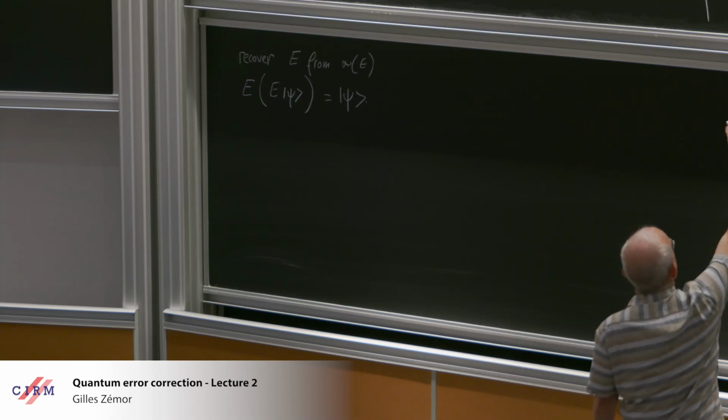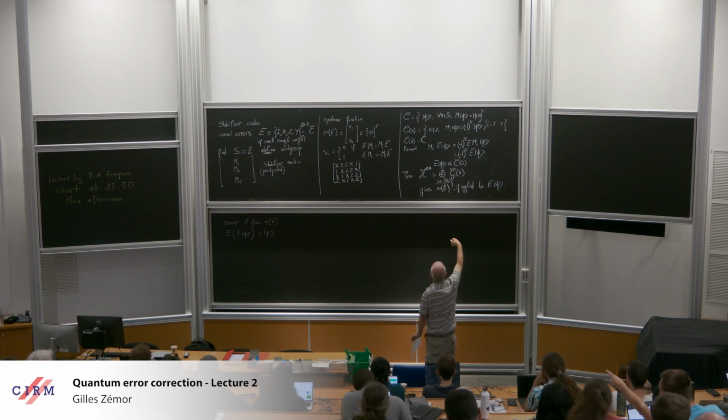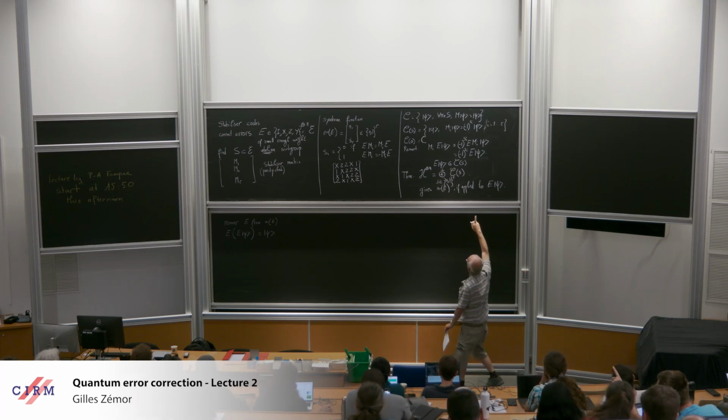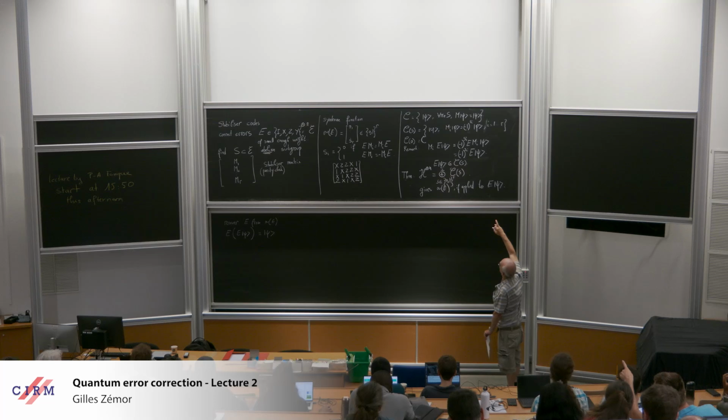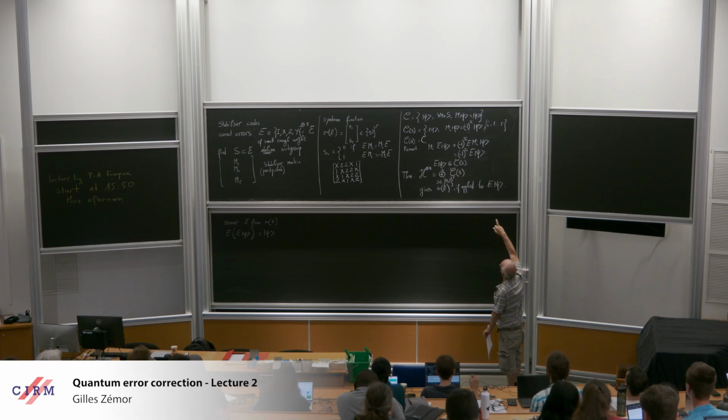So why do we have this orthogonal decomposition? I said this quickly last time, I'll say it again. What are the spaces C of S? We see that phi that is in C of S is an eigenspace of the operator M_i.